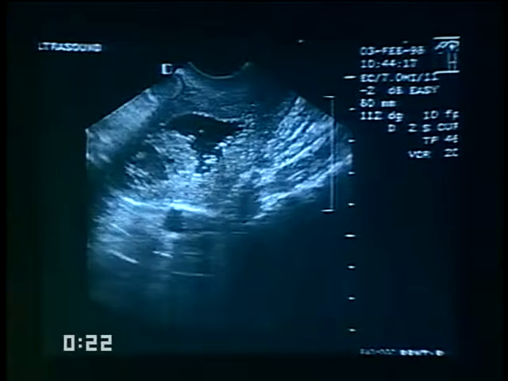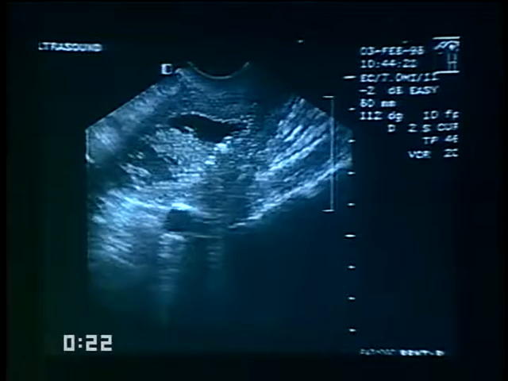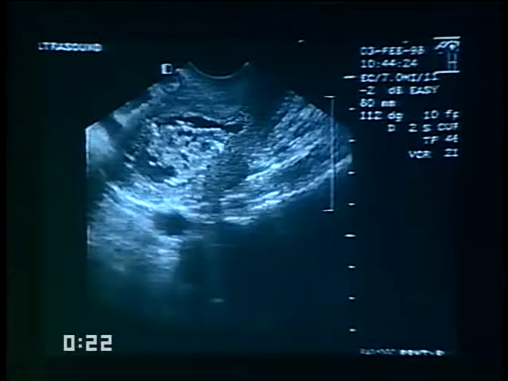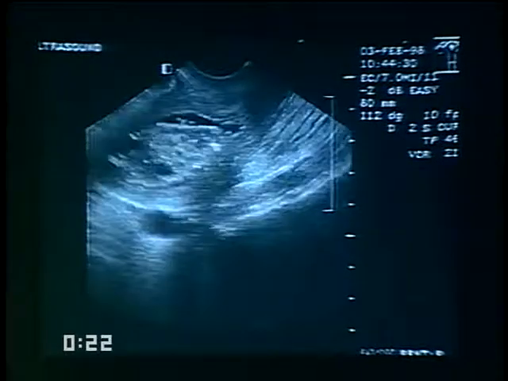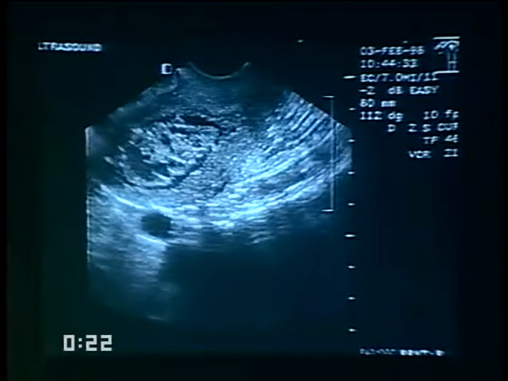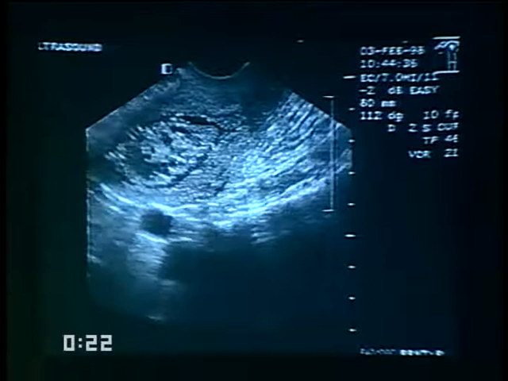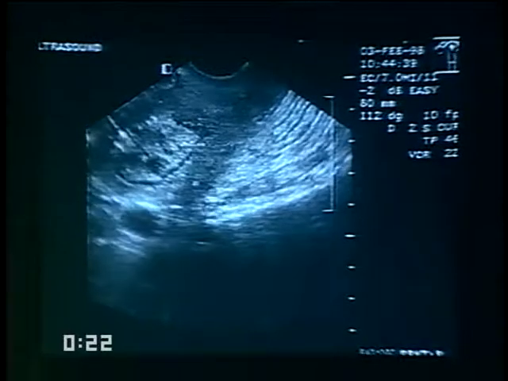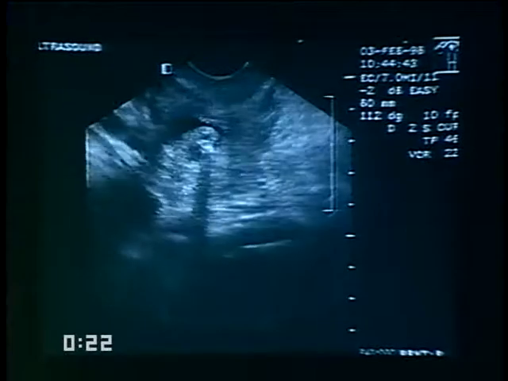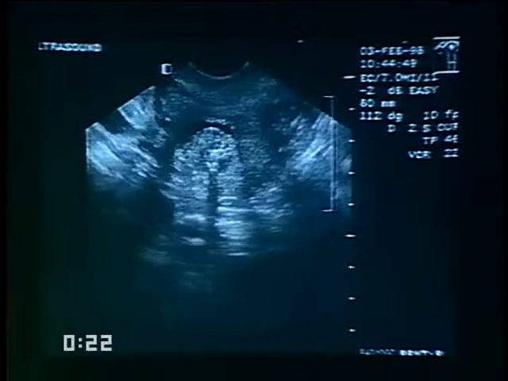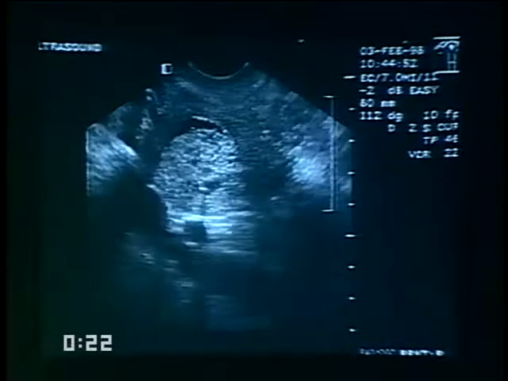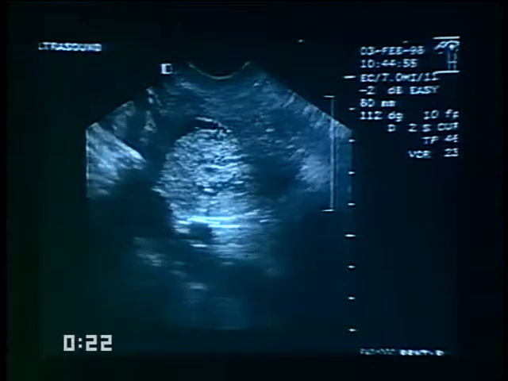Those little hyperechoic things floating around are bubbles. So that was an example of a large polyp as seen on hysterosonogram.